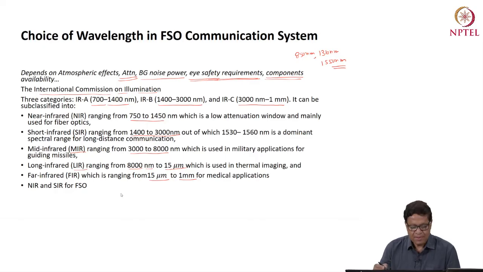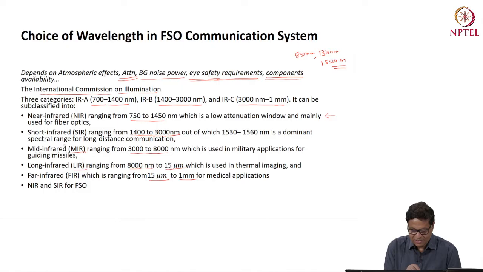And they have different applications. For example, NIR is used in optical fiber communication because the attenuation is quite low, for example, at 1310. So this is generally used for optical fiber based communication.